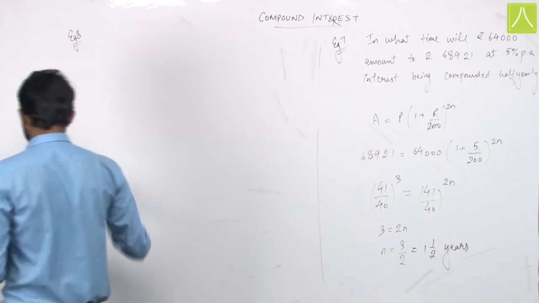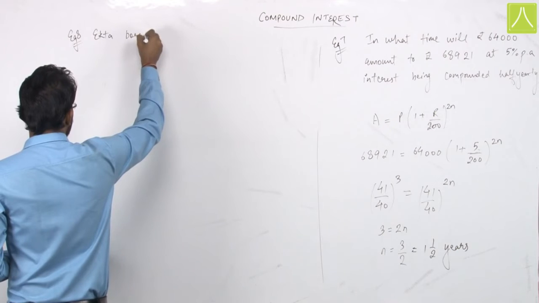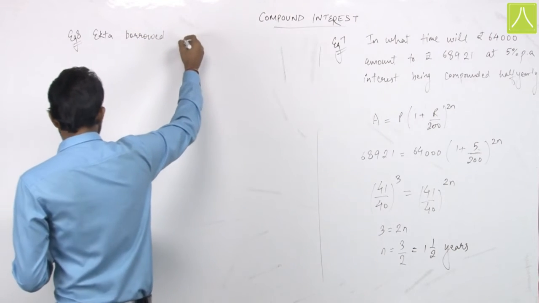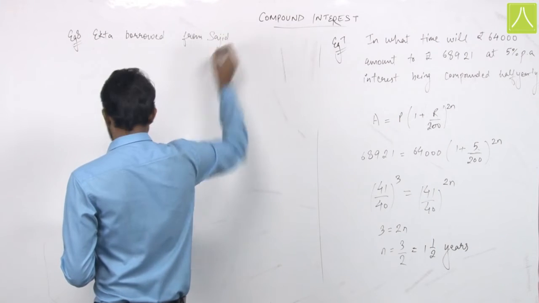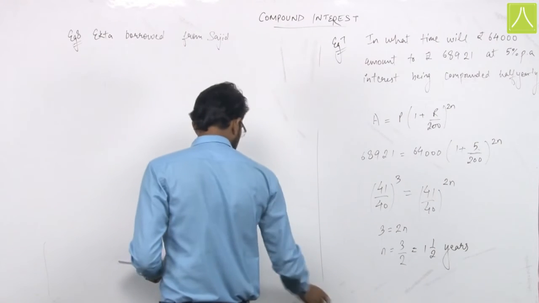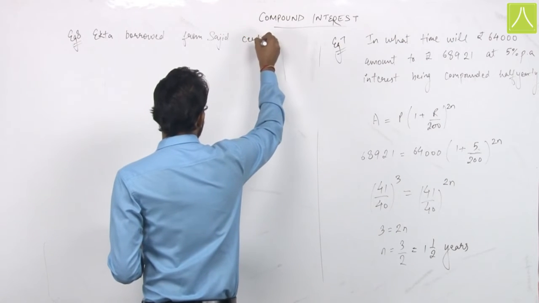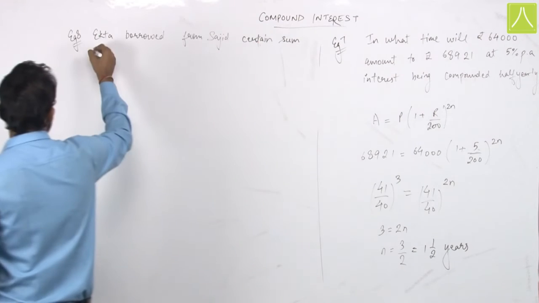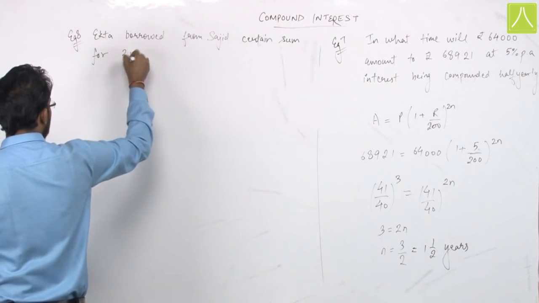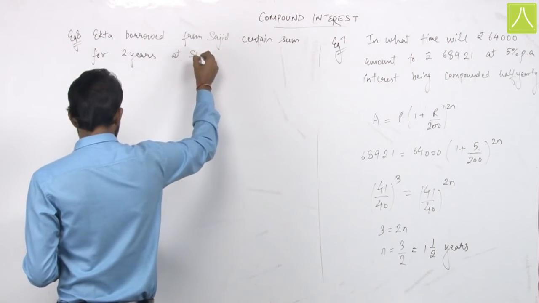In this question we have given that Ekta borrowed from Sajid a certain sum for 2 years at simple interest.